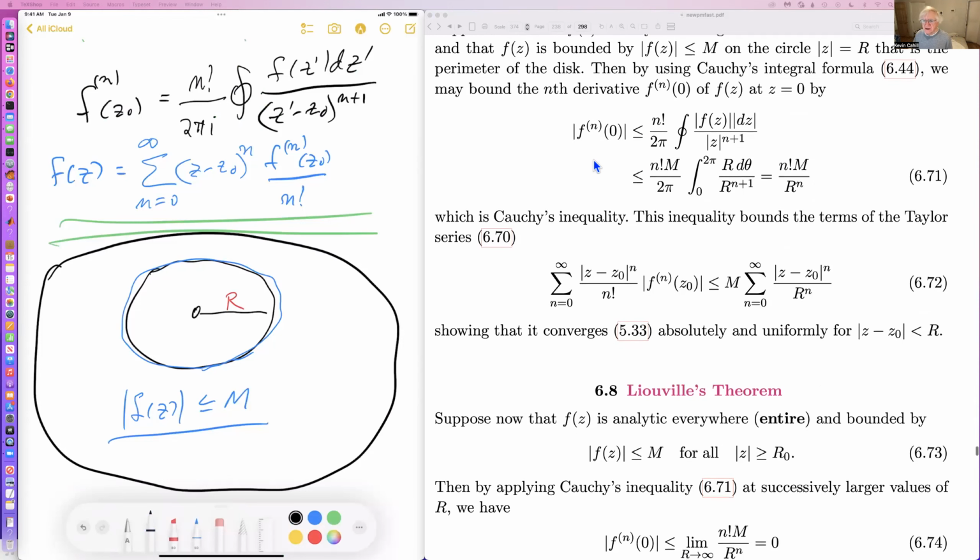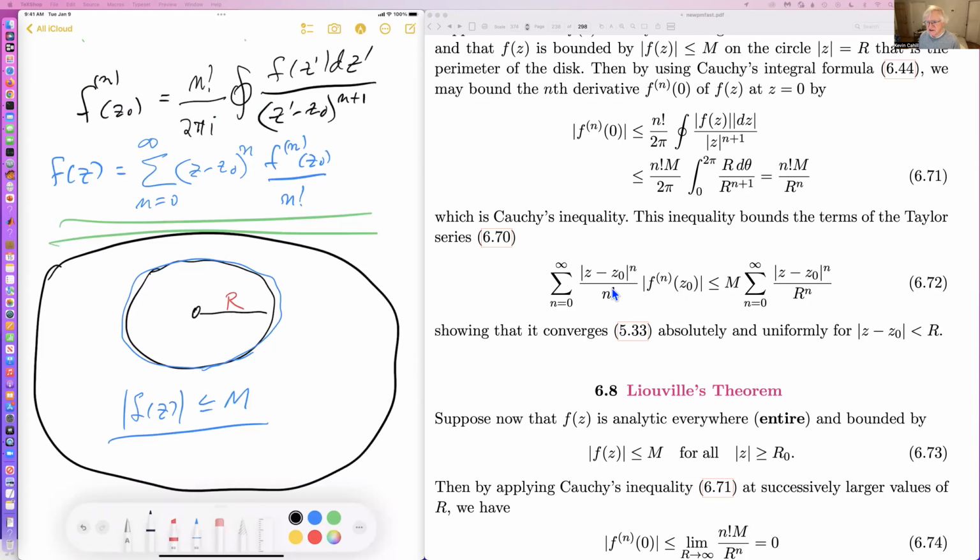And now if we go to the Taylor series for the function, what we do is we sum z minus z0 to the n times f^(n) of z0, and the n factorial is going to cancel there, and we're going to have r to the n here.